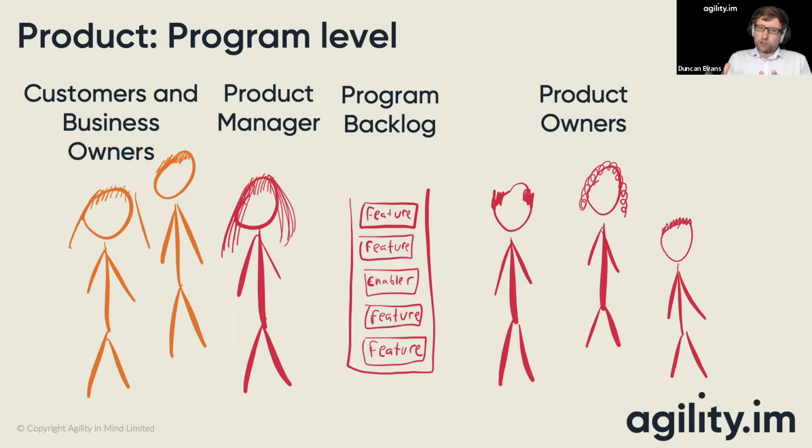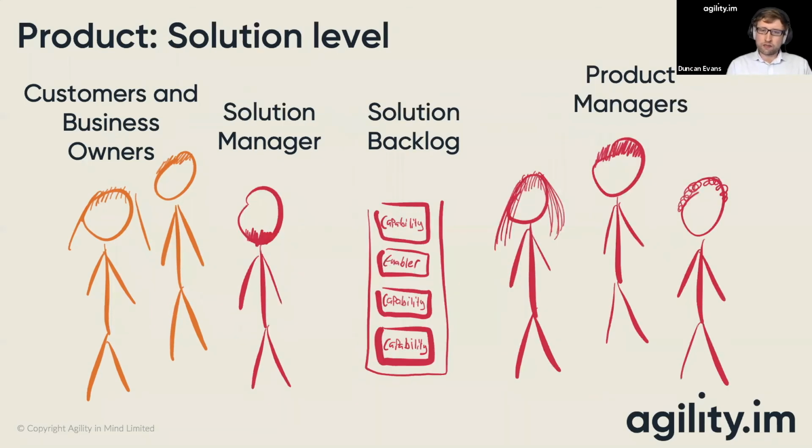Very much an optional layer in SAFe is the layer above that, where there are more than around 12 teams, or perhaps 125 people to manage in a single Agile release train. The operation is so big that it needs a further level of scaling. This is called the solution level, and at the solution level, the pattern is almost identical.